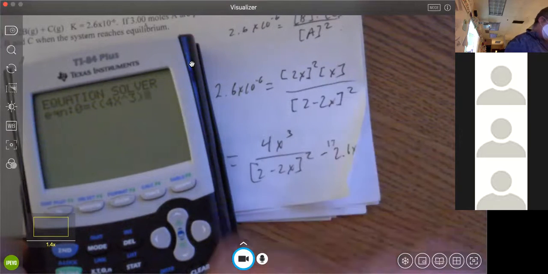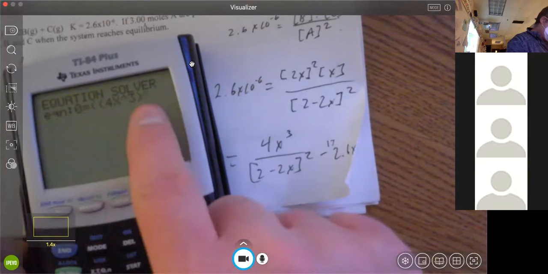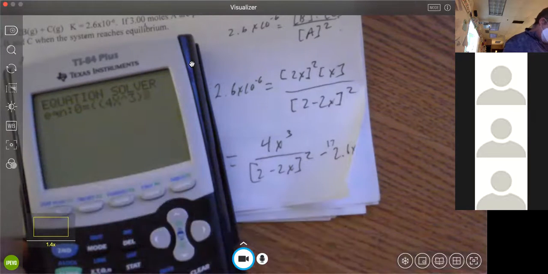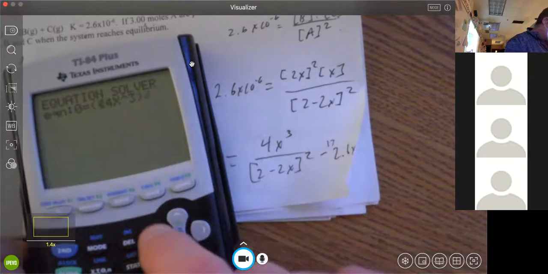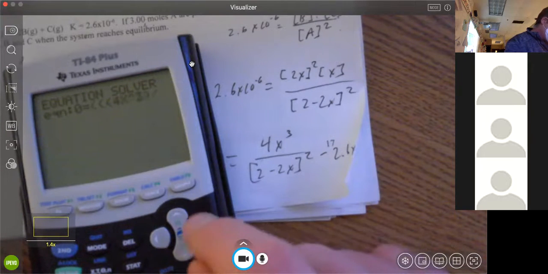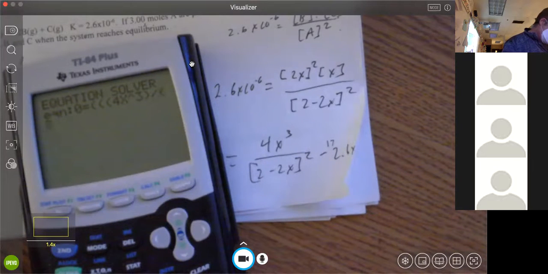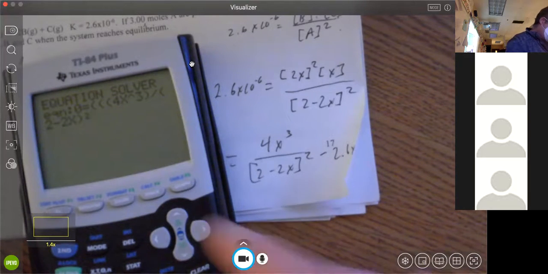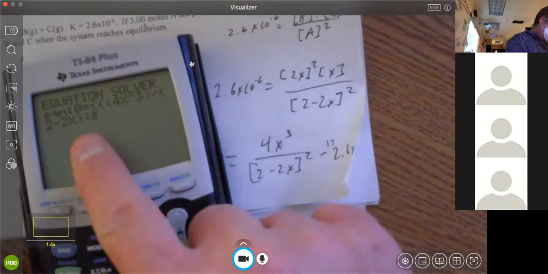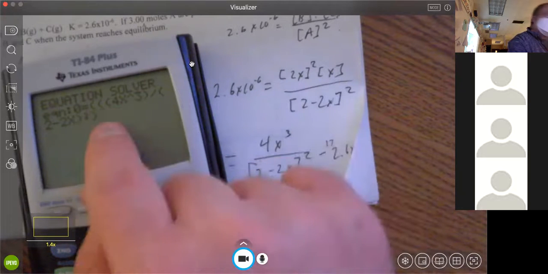Other math teachers would sound a lot cooler when they do this. But 4x cubed, that's in parentheses. So I'm going to divide, and I'm actually going to need another parentheses over here. I'm going to insert another parentheses over there because I want to divide by this parentheses 2 minus 2x, and I'm going to square that. Now I'm going to end the parentheses here so that this is one thing.